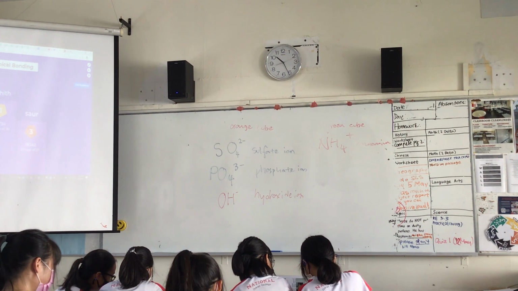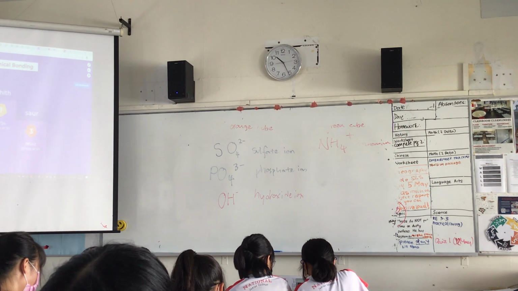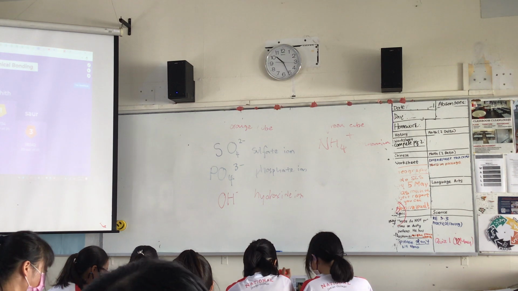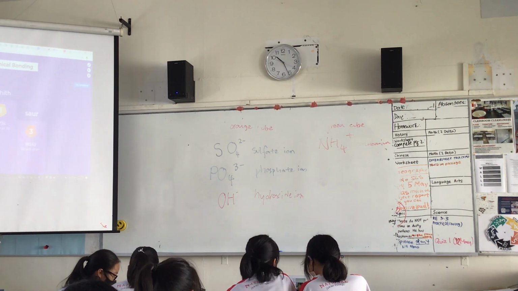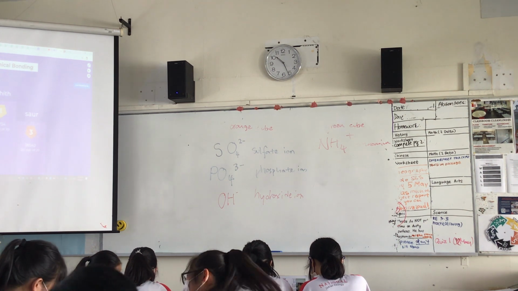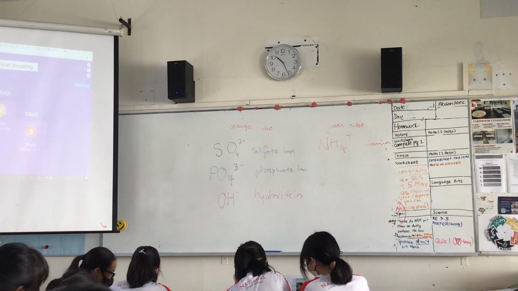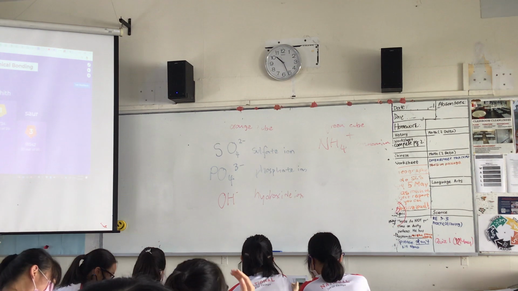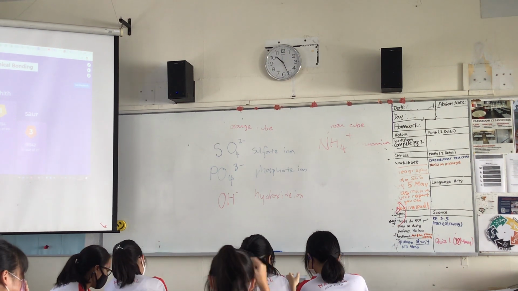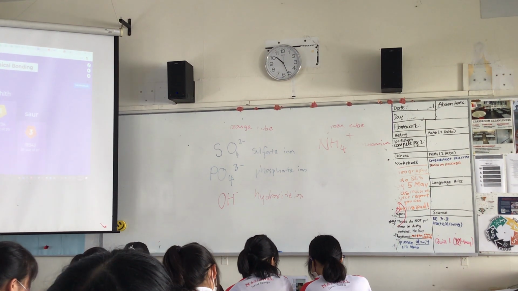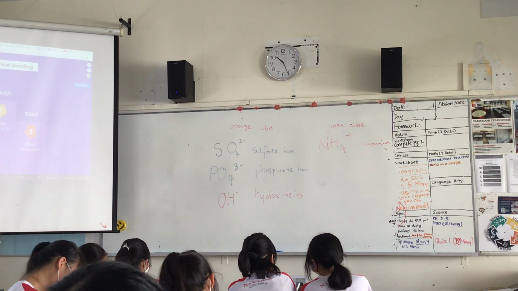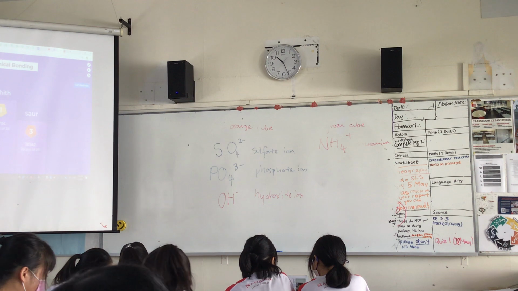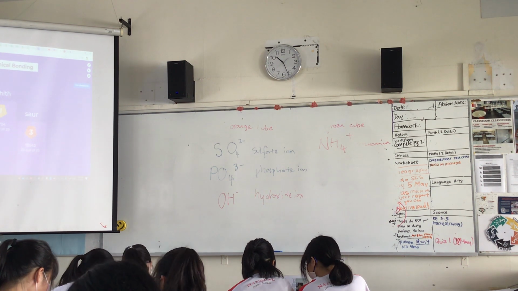Iron. What's any acid? Iron nitride. Oh, iron nitrate. Oh shit. What is my luck? Hydroxide. Iron.